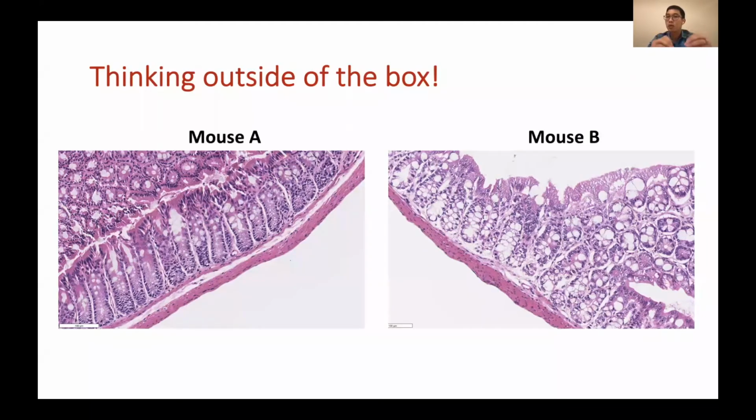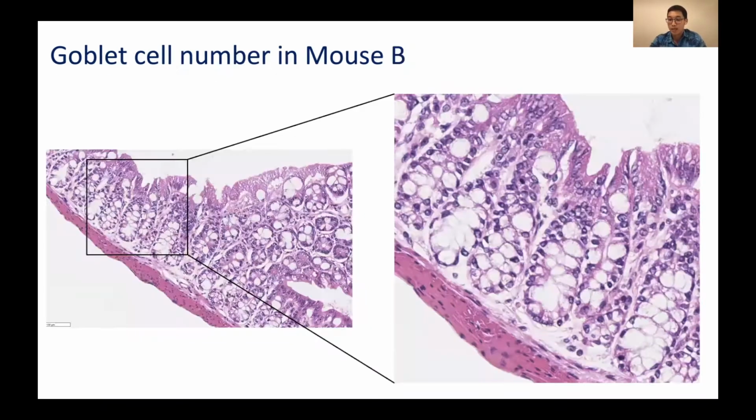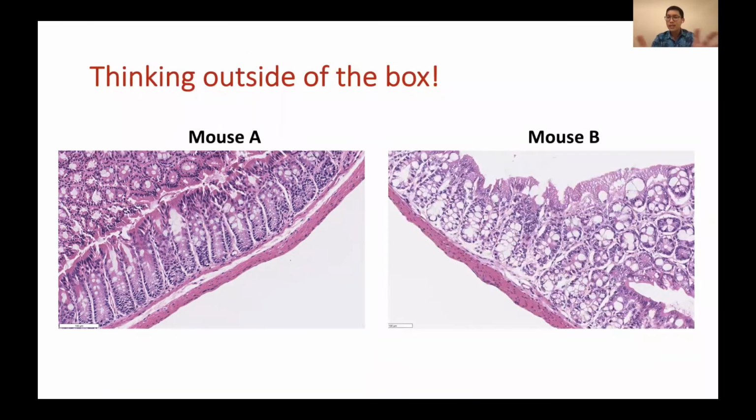And if you look closely, you will see something different. For example, in mouse A, the goblet cell number is really, really low compared to mouse B. When I first got those two figures and compared them, I thought, okay, maybe it's already done because nothing is different.